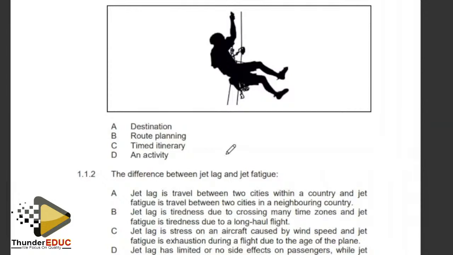All right, as you can see, we do have an image of a person who is actually involved in mountain climbing, or you can call it hiking. He's actually involved in mountain climbing. So we consider that to be an activity. So our correct answer for that particular question will be D, which is an activity.